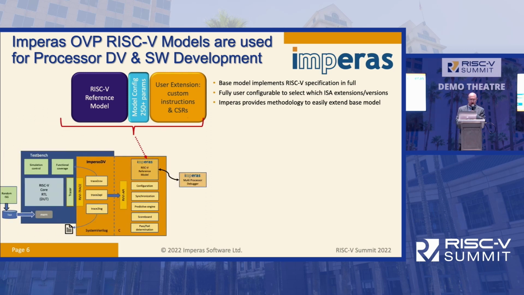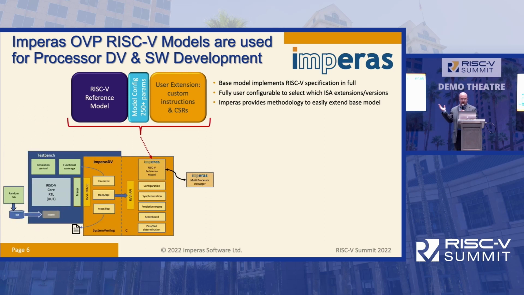So now we get to go and use this reference model in a design verification flow. This is the design verification flow with Imperas. We've got the RISC-V reference model here, and then verification IP in the lighter blocks.